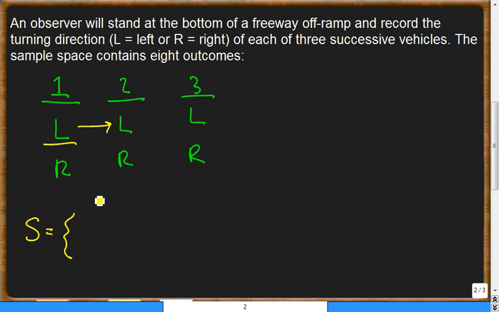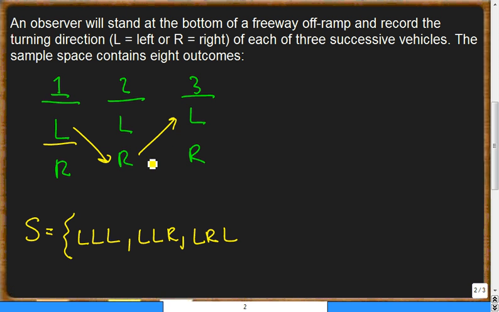We can have left, left, followed by another left or a right, then left, right, followed by a left or right.